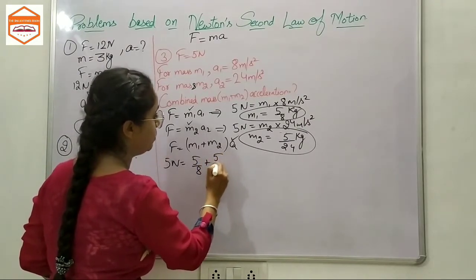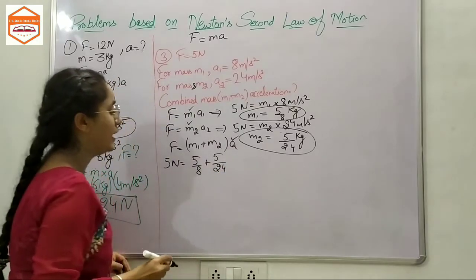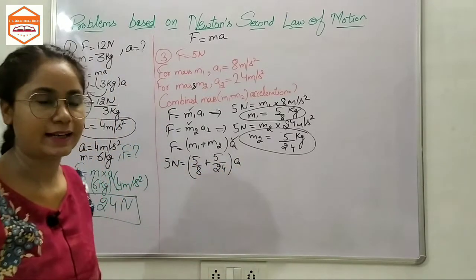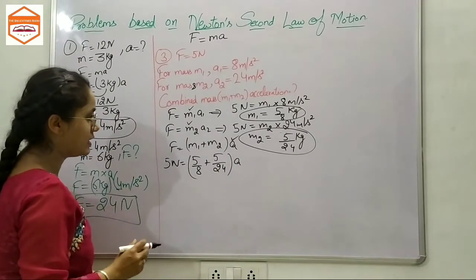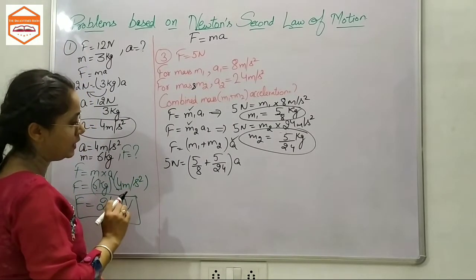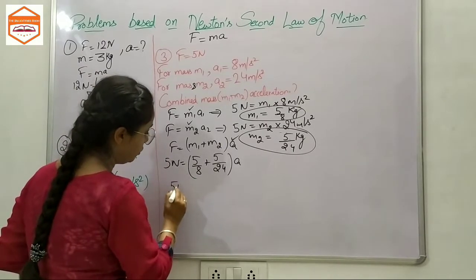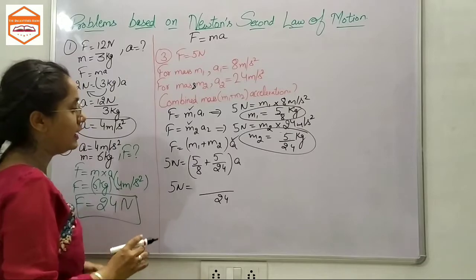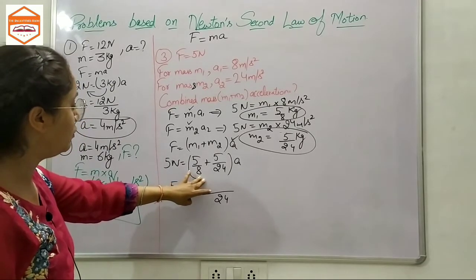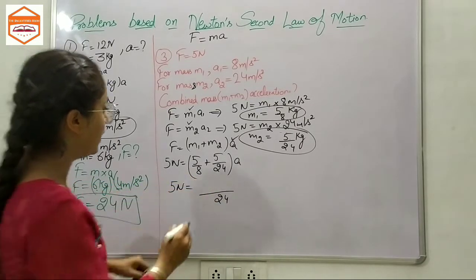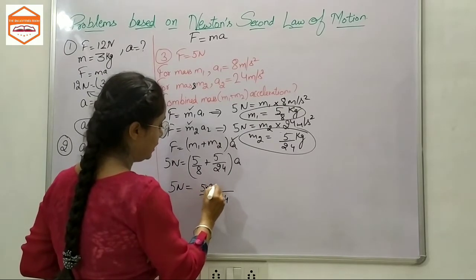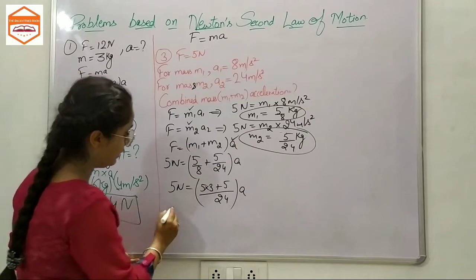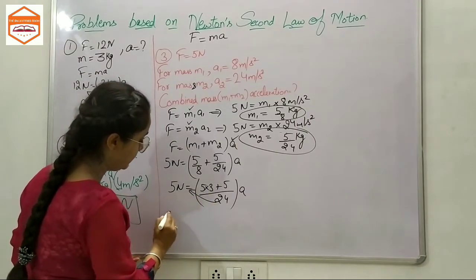It is 5 upon 24. And then we will take the LCM of these two to solve it, times the acceleration. The LCM is 24 of course, and then we will get the value of 5 times 3 plus the 5 as well here, times a, and the 24 will go here.